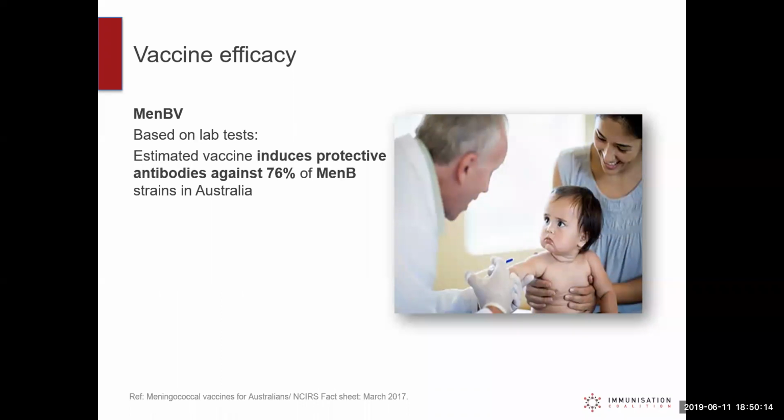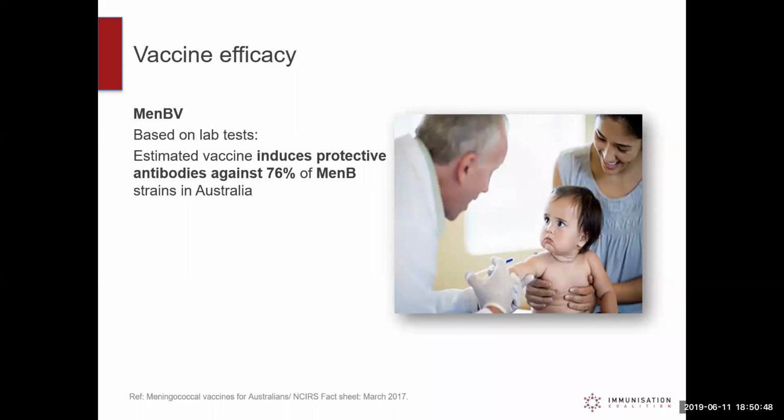So in regards to meningococcal B vaccine effectiveness, protective antibodies against 76% of the meningococcal B strains, which is absolutely fantastic. We've just got to remember that when we talk about these particular serotypes of meningococcal B and ACWY, there's quite often other strains of that particular serotype that do circulate.